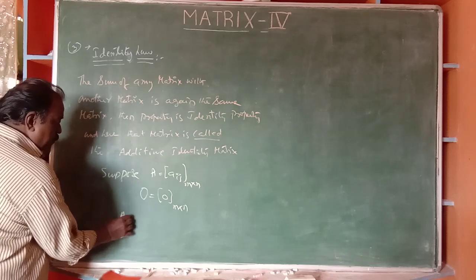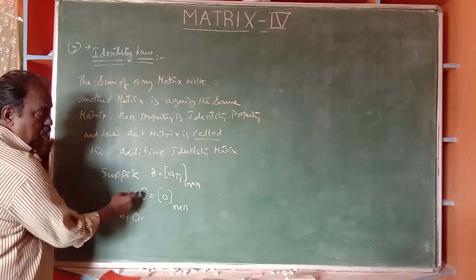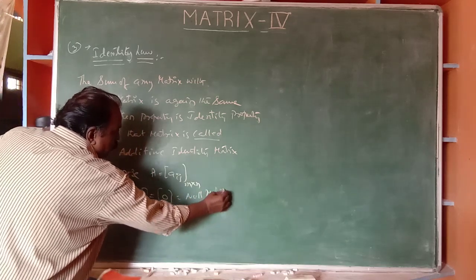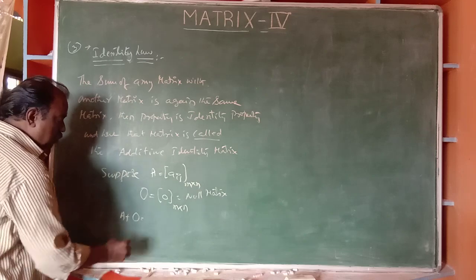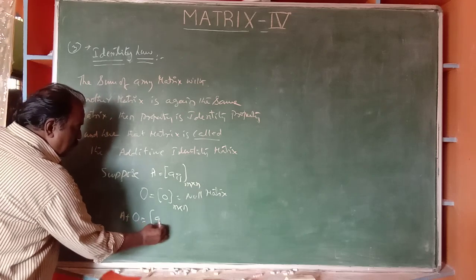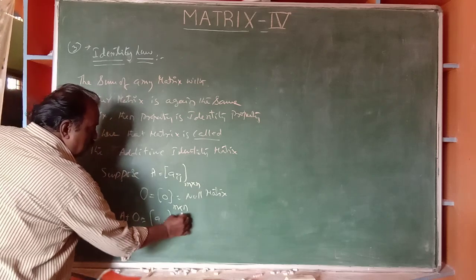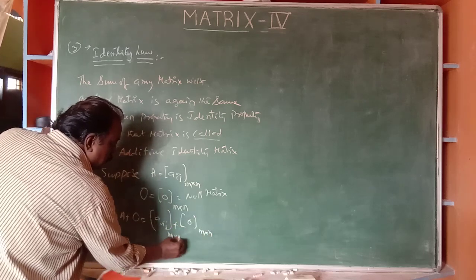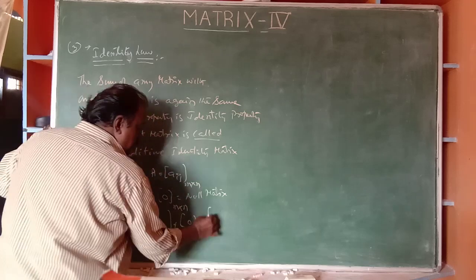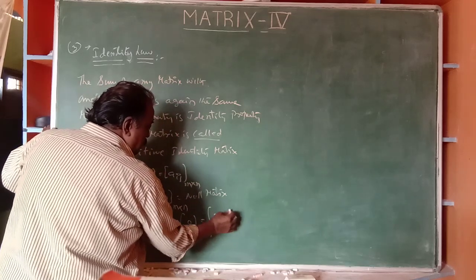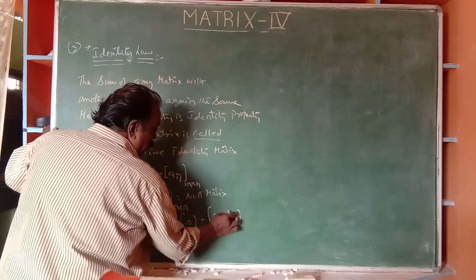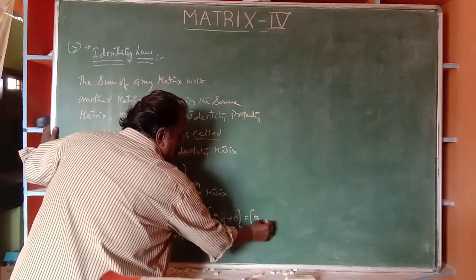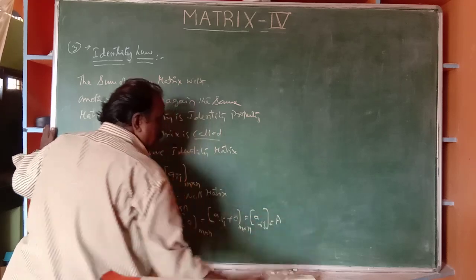Then A plus O is a null matrix of the same order. It is Aij plus 0, M by N. Here, by the definition of addition of matrices, you see that it is simply Aij. Again we get A.